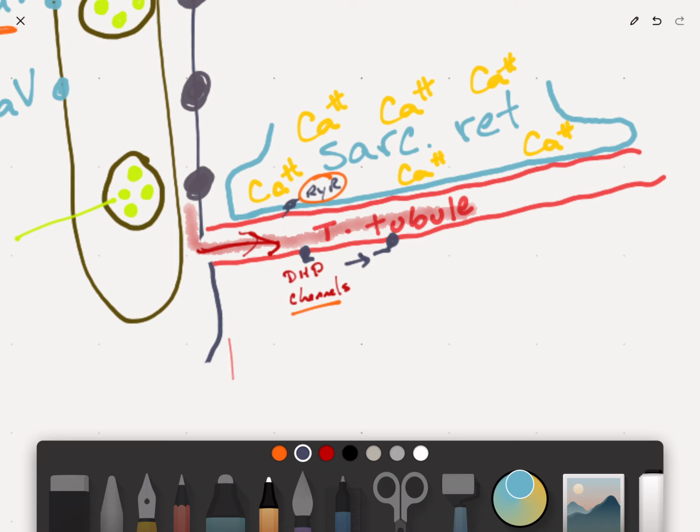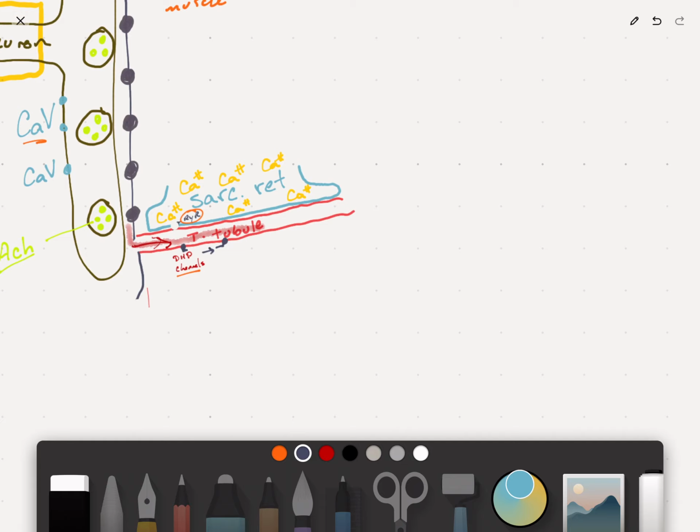When they pop open, no ions flow out of it. In the skeletal muscle, what happens is they have grabbed onto the ryanodine receptors and they pull those open. So you get a tiny little opening in the sarcoplasmic reticulum at the ryanodine receptors. Calcium flows out.